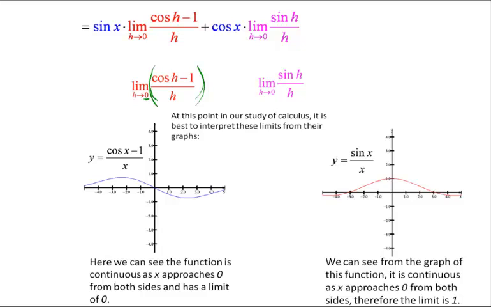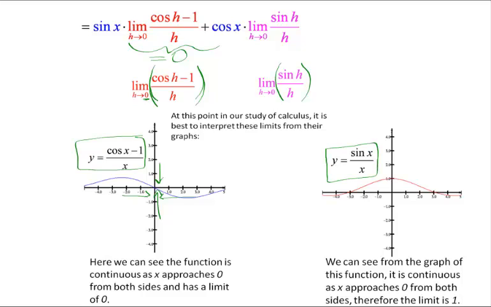And we can clearly see from this function, if we turn cosine of h minus 1 over h into the function in x and graph it, as inputs approach 0 from the left and from the right, outputs approach 0. So this limit has a value of 0. The same here. If I turn this expression into a function and graph it and see as inputs get near 0, what are outputs doing?